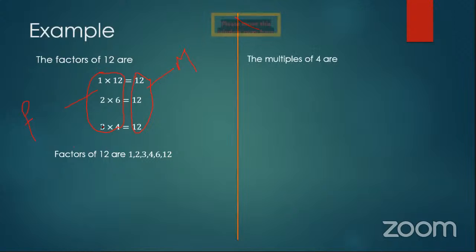Then now we can find the multiples of 4. So we begin: 4 times 1 gives us 4. 4 times 2 gives us 8. 4 times 3, 12. 4 times 4, 16.